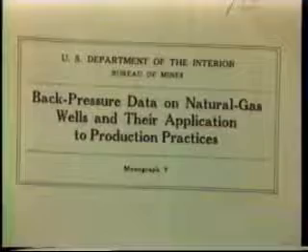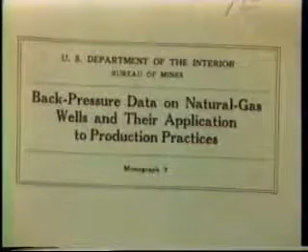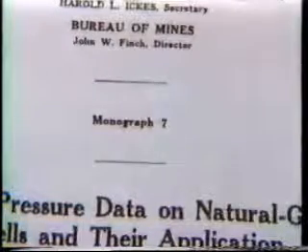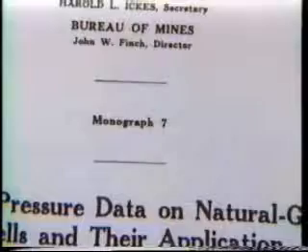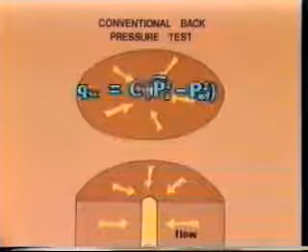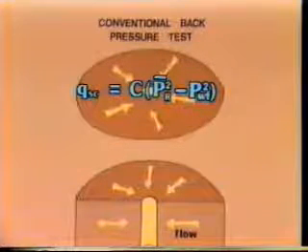In 1936, Rawlins and Schellhardt of the U.S. Bureau of Mines recommended in the well-known Monograph 7 what has become known as the conventional back pressure test. The foundation of this test is the application of a modified form of Darcy's law to the flow of gas into the wellbore.